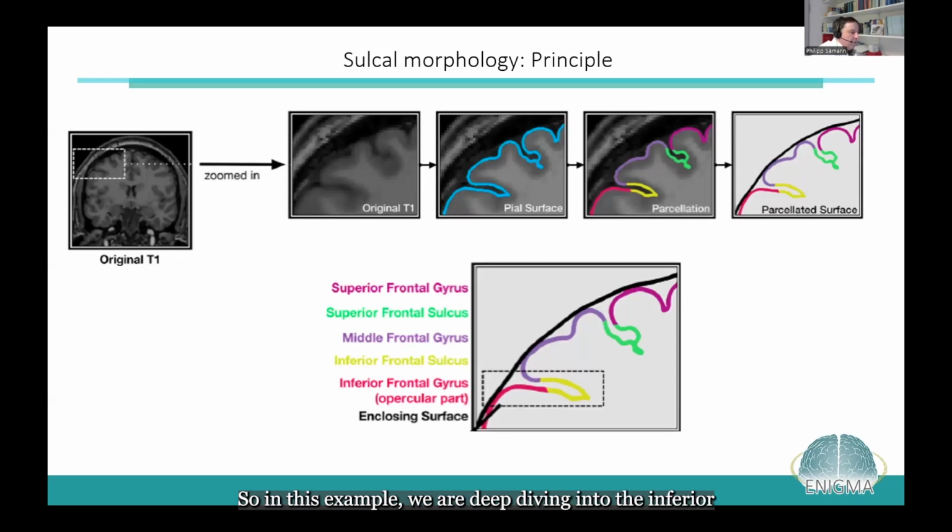In this example, we are deep diving into the inferior frontal sulcus, which is plotted here in yellow, that connects the middle frontal gyrus and the inferior frontal gyrus. You also need an additional artificial plane, I would call it, that is called the enclosing surface. It's a plane that connects the tips of the gyri.